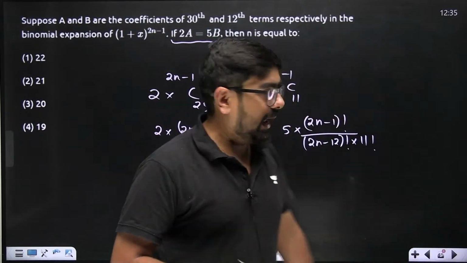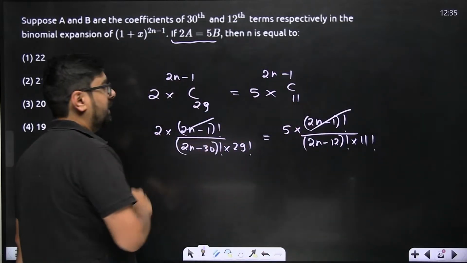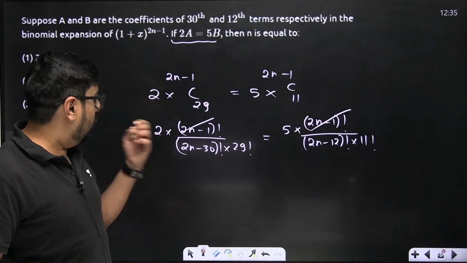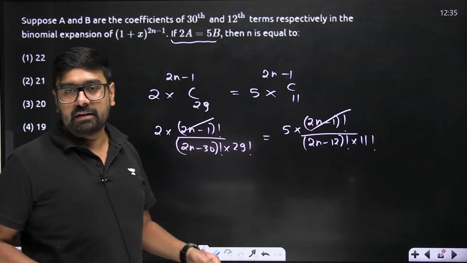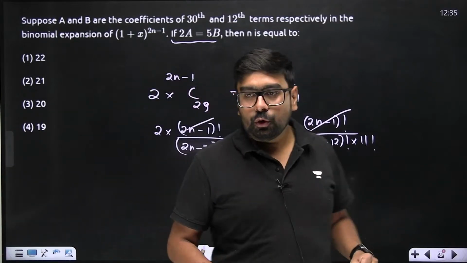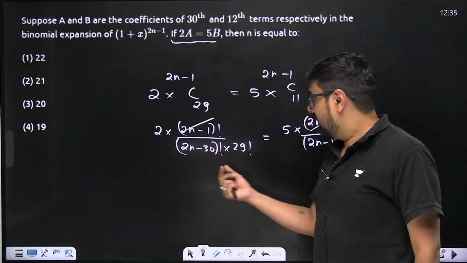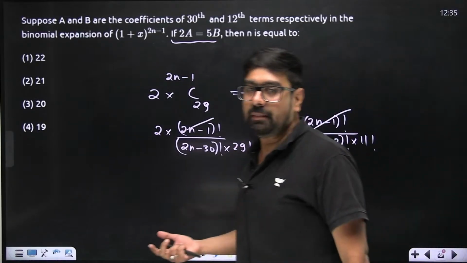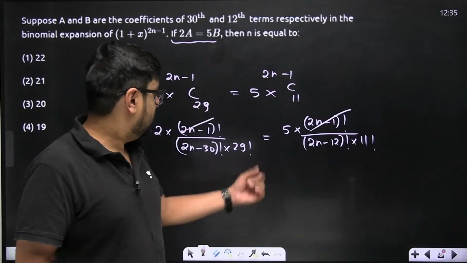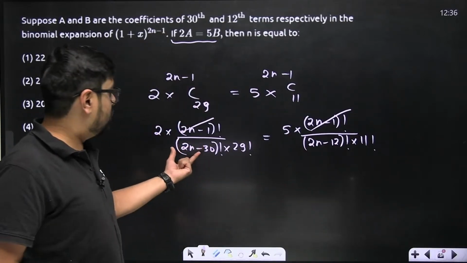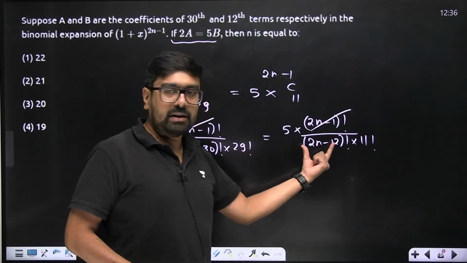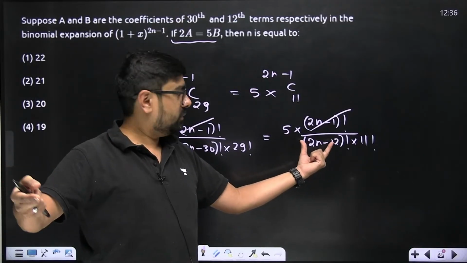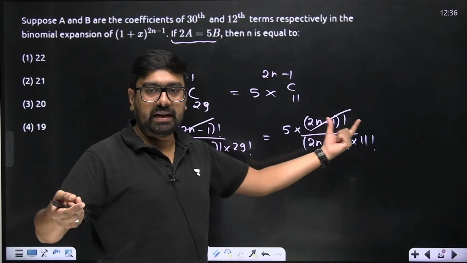Now (2n minus 1) factorial and (2n minus 1) factorial will go directly without any trouble. And (2n minus 30) factorial also we can cancel with (2n minus 12) factorial. (2n minus 12) factorial will be (2n minus 12) into (2n minus 13) into (2n minus 14) into (2n minus 15), like that it will go.